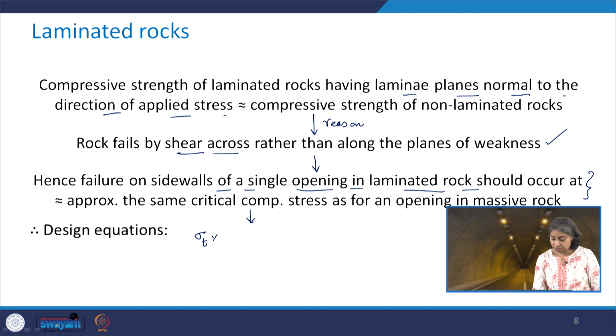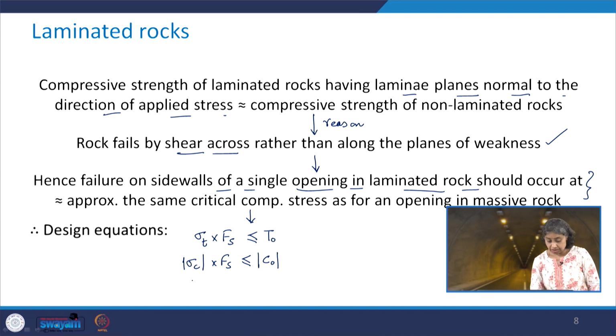sigma t into factor of safety must be less than or equal to T naught, and sigma c into the factor of safety must be less than or equal to mod of C naught, and tau, which is the shear strength multiplied by factor of safety, must be equal to tau f, that is the shear strength.